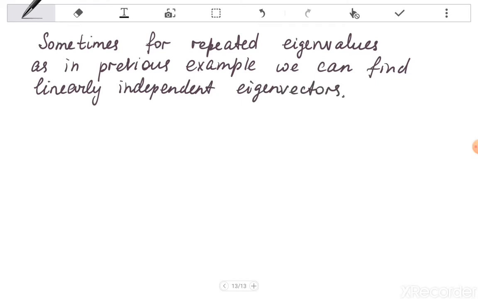So sometimes if we have repeated eigenvalues, we can still find linearly independent eigenvectors, which will help us to write down the general solution. But the crucial word here is sometimes, so it's not always like this.